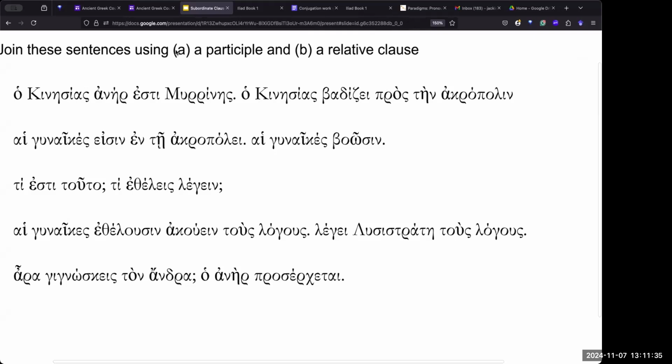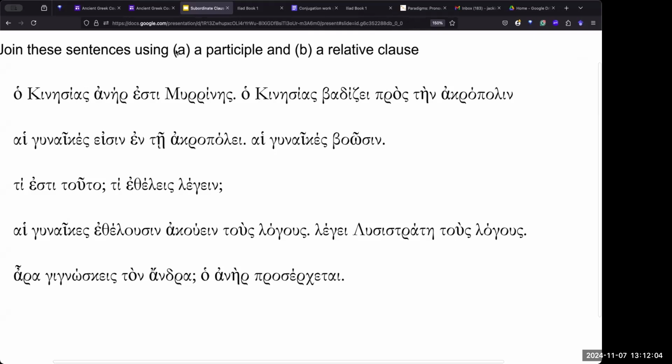Just say Kinesias is the guy from Myrine, and then I would take the period out and put the hos, and leave the rest of it. Yeah, exactly. Because you don't have to do what we do in English, where we put it in between. You can actually say ho Kinesias aner esti Merines hos badidzei pros ten Acropolin, because they don't have word order rules as strict as we do.